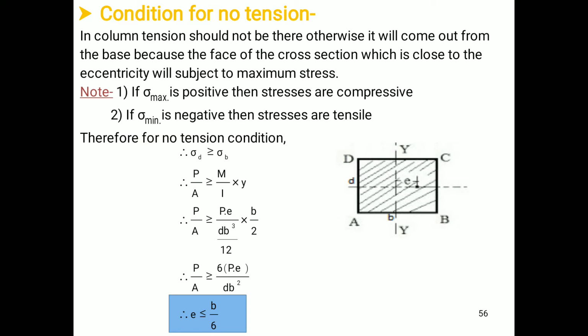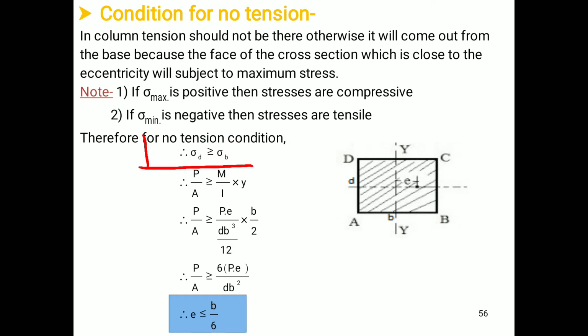Okay, now we are going to derive the value of the eccentricity which will be considered for the no tension condition in the column. For the no tension condition our direct stress must be greater than or equal to the bending stress. So remember that sigma d must be greater than or equal to sigma b for the no tension condition in the column.